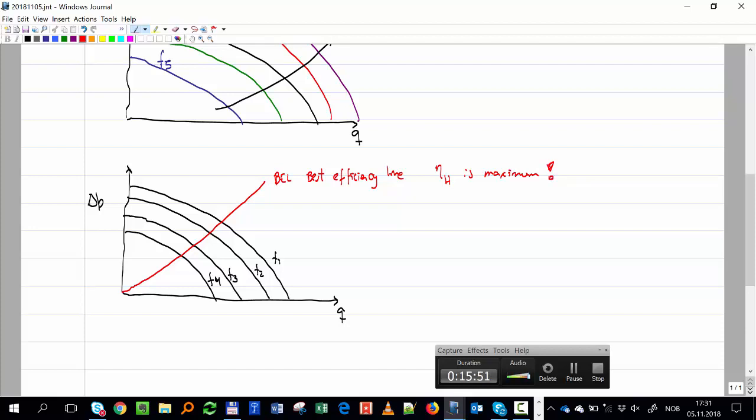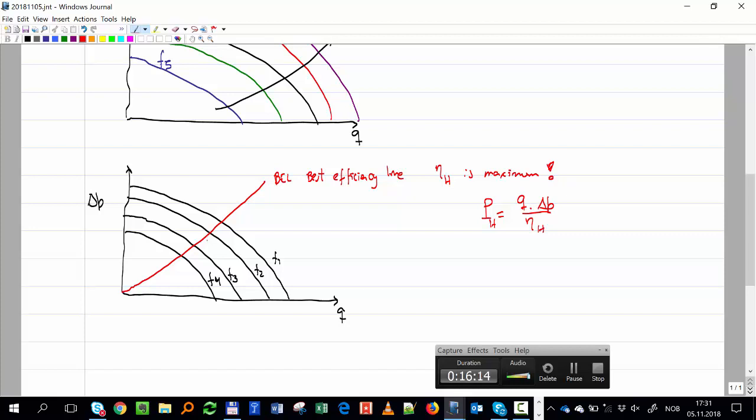And that's usually what I want, right? Because the hydraulic power that I require is Q delta P divided by that efficiency. So if I make that efficiency big, the power that I require will be low. That means a smaller motor, and I don't have to pay that much for the ESP.